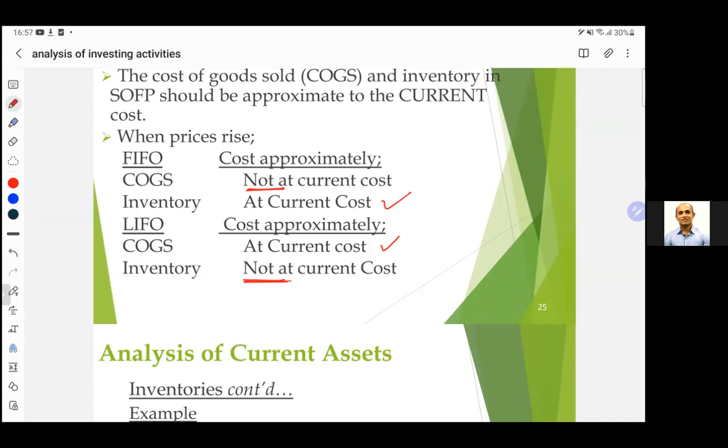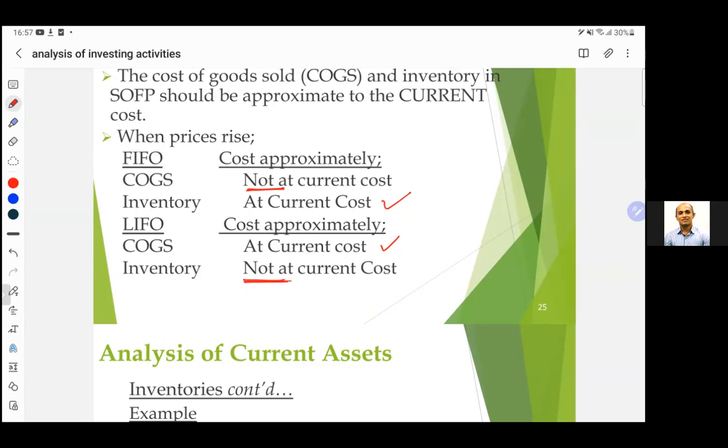We'll see how that impacts your profit values. But if your company follows LIFO, you see inventory at old cost, but cost of sales at current cost.